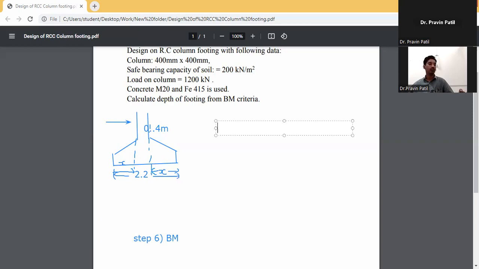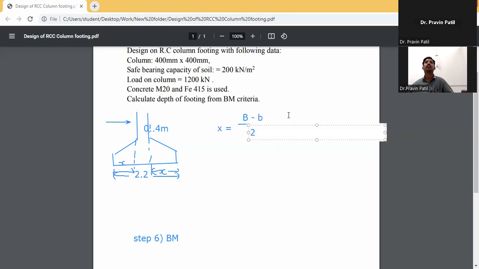x is equal to capital B, that is the width of footing, minus small b, width of column, that is 0.4, divided by 2. Why 2? Because it is both sides.